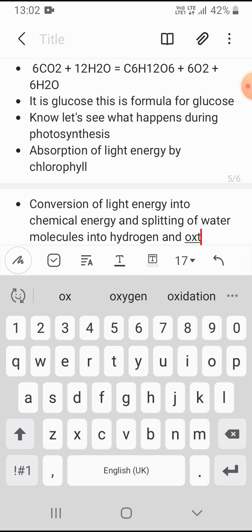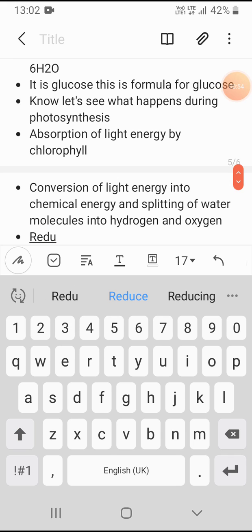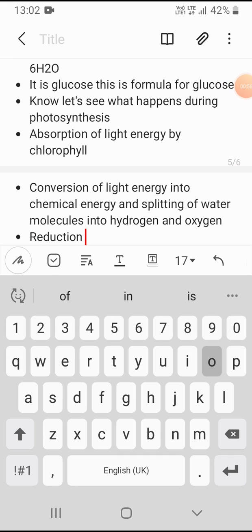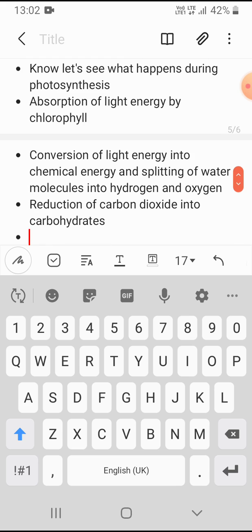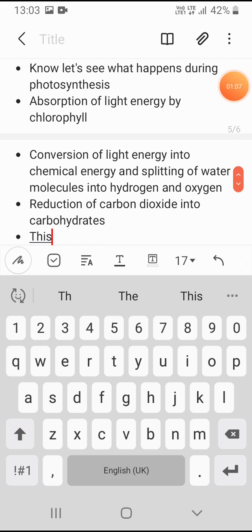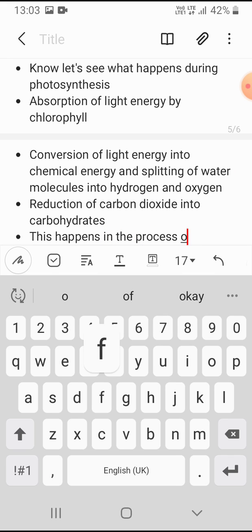Then comes reduction of carbon dioxide. It makes carbon dioxide into carbohydrates. This happens in the process of photosynthesis.